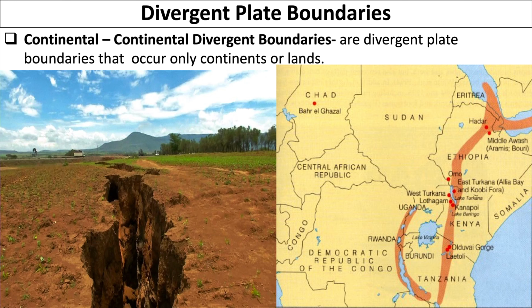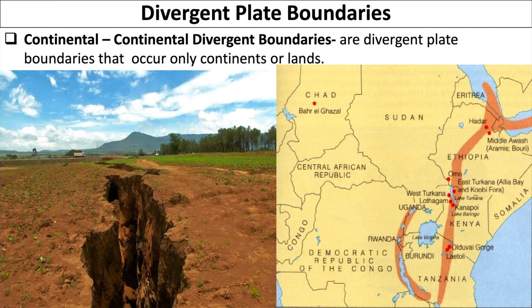A good example of continental divergent boundaries can be found in Africa. They are often visible, and a good example is the boundaries found in Eastern Africa, from the country of Eritrea to Ethiopia, Kenya, Tanzania, Rwanda, and Sudan.